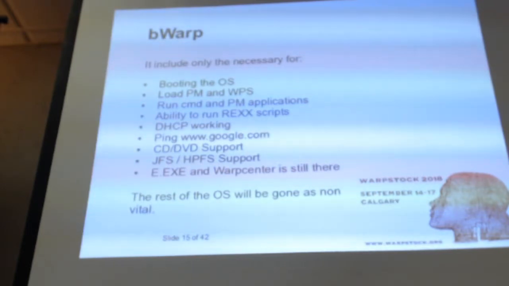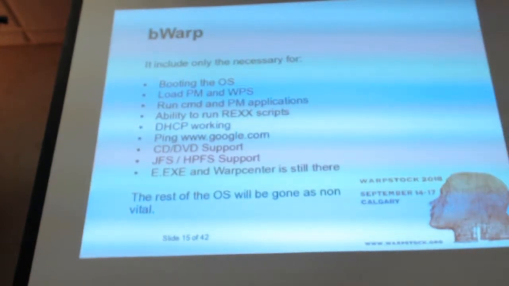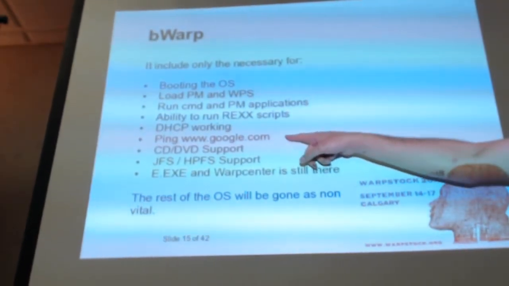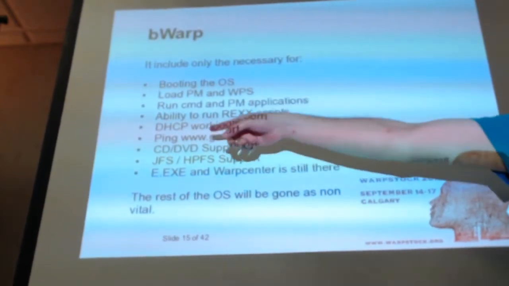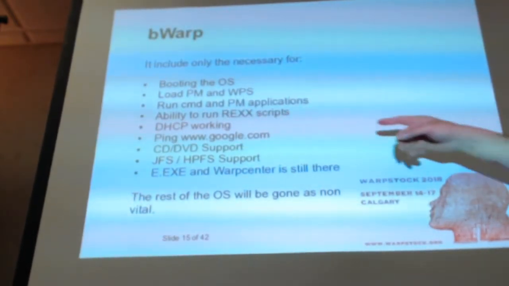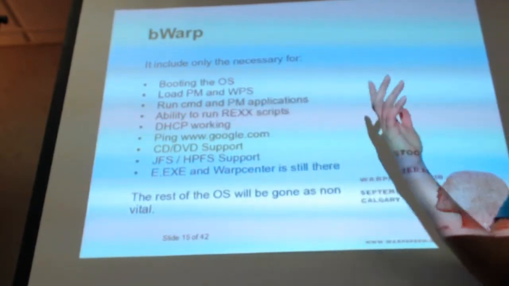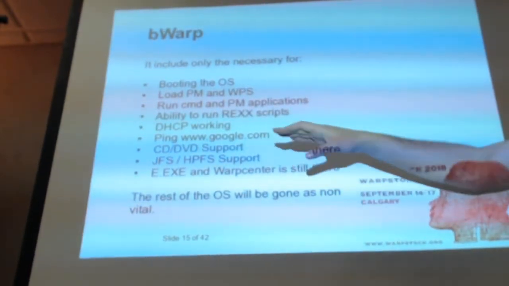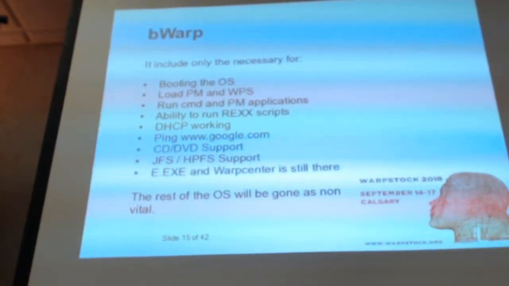It has to have the ability to run Rexx scripts. DHCP should be working. It should be able to ping Google, for example, so it should be working with the internet. So I need the ping command also. I had to remember not to delete the ping command. Okay? And I wanted to have CD support and HPFS support because it will not boot without.